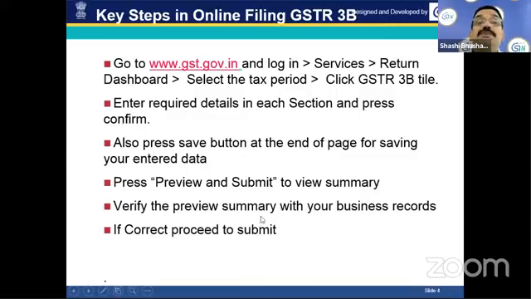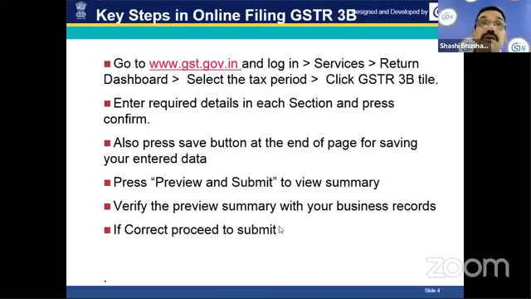Now, one problem earlier was that the preview was not there, so people were making mistakes. Now the preview and submit button is available, so when you press it, you see the preview, and then you can verify it against your business and accounting records.